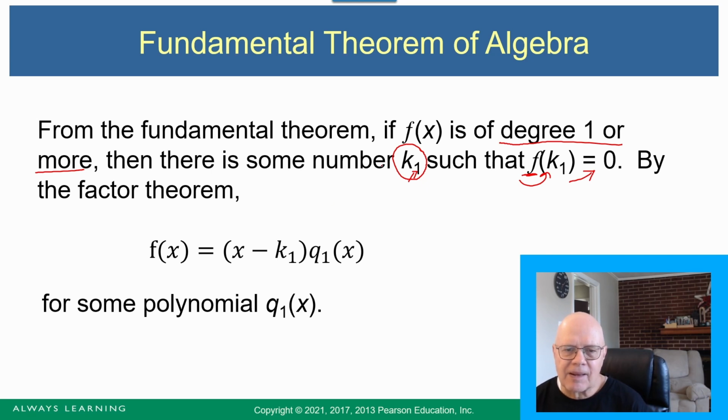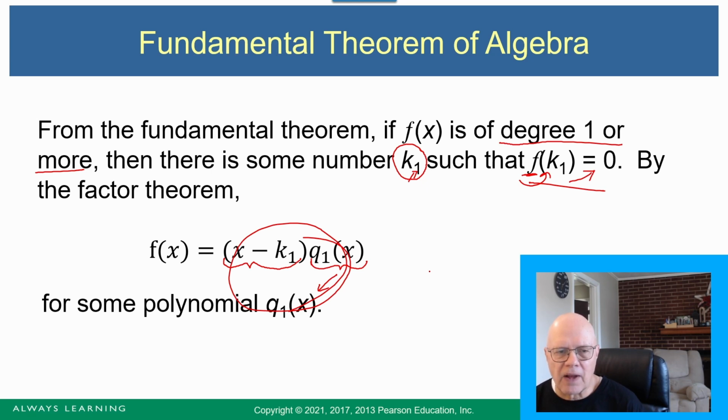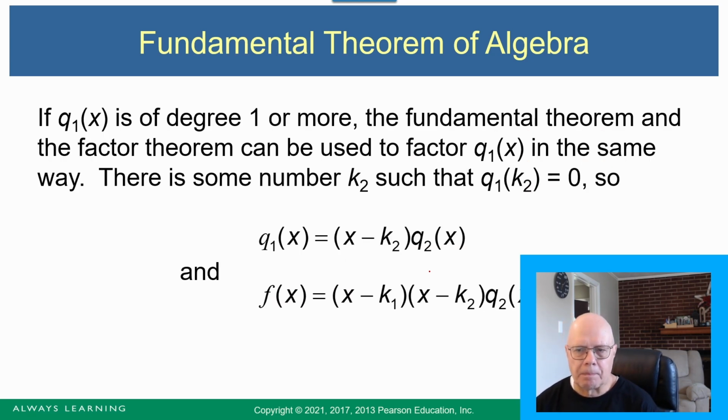And that says, if you find one like this, that x minus K1 is a factor. Divide it out, and you can find out what the quotient is. And you'll have another polynomial, and you can keep going round and round until you've found all the linear factors. So you can work with one by one.